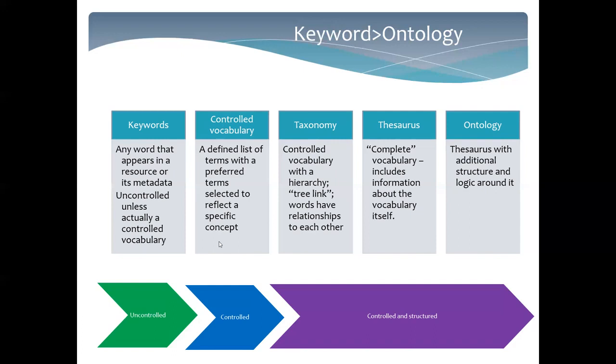Now, one of the things we've been talking a lot about this week in discussion is, how do you know what that preferred term would be? What would you choose for that preferred term? And it depends on a lot of things. It depends upon the audience for that particular controlled vocabulary or taxonomy. Certainly for the Library of Congress, who is our audience?